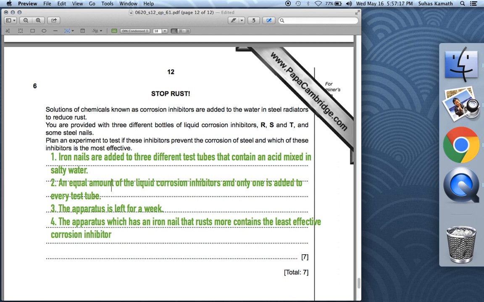So for example, better if you put something like this.